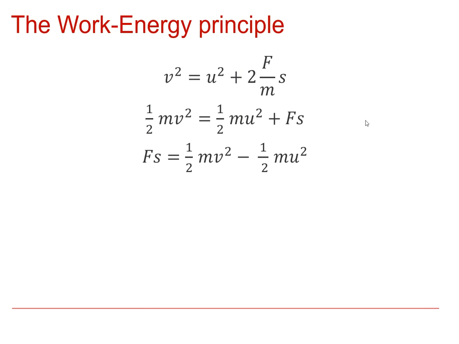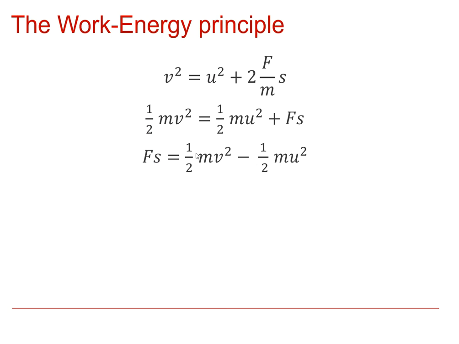That gives us something familiar, the half mv squared, which is the kinetic energy. That'll be a half mu squared plus Fs. The m is cancelling that m there, and the half is cancelling the 2. Then if I rearrange that, Fs is a half mv squared minus a half mu squared.